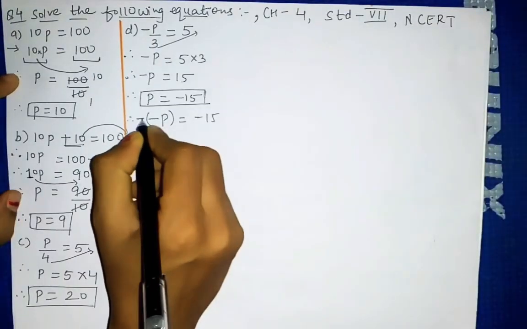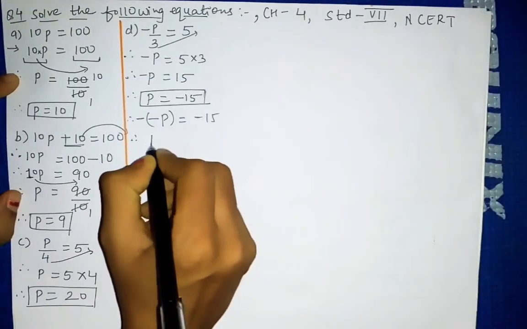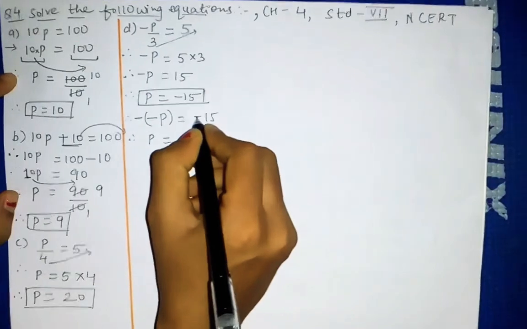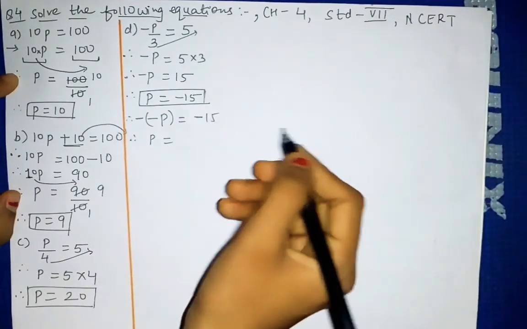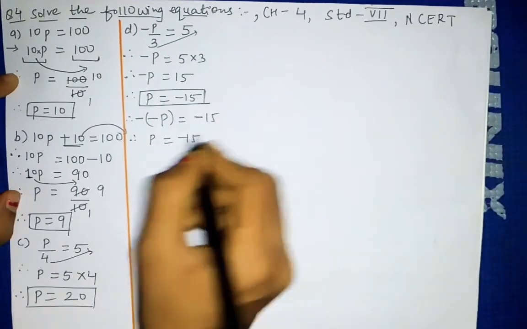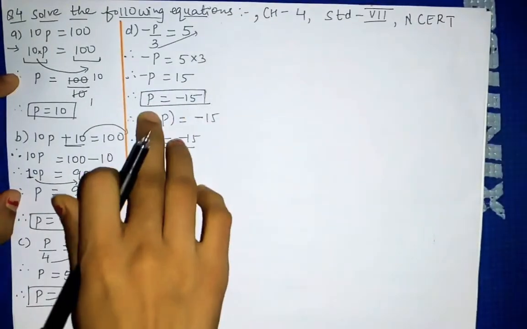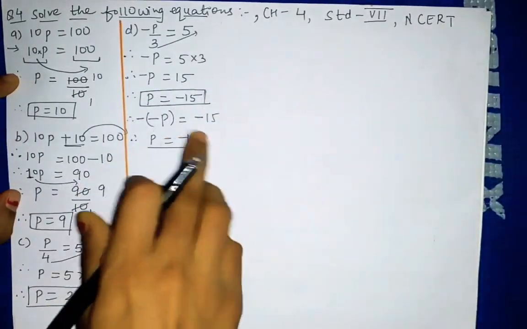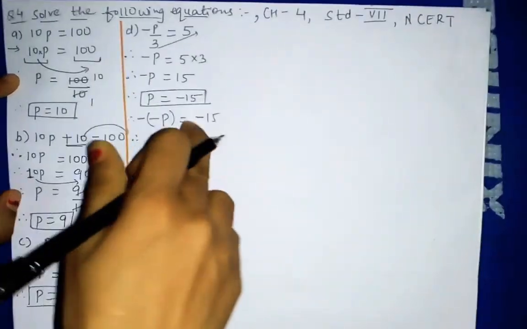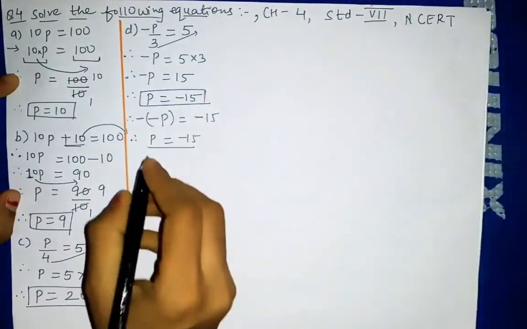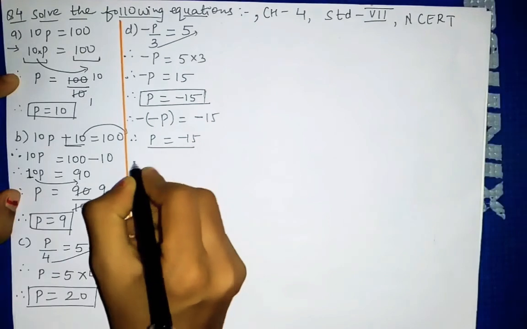So here minus into minus will become plus. And here minus into 15 means it is minus 15. So the answer is going to be the same. Either directly you write p equal to minus 15, or you show the step. Multiply both sides by minus, or minus 1 also you can write. So this was the fourth sum.